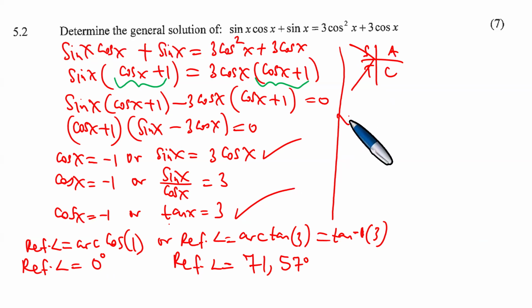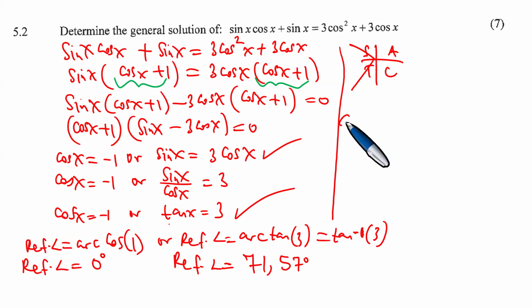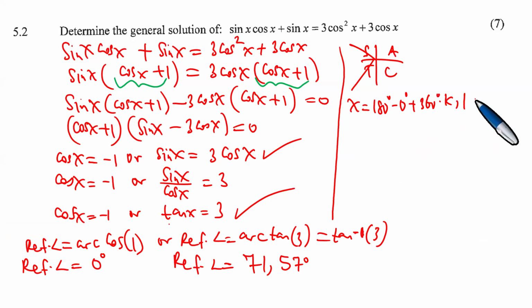So x is going to be the same as 180 degrees minus 0 degrees plus 360 degrees times k, k an element of the set of integers, right?